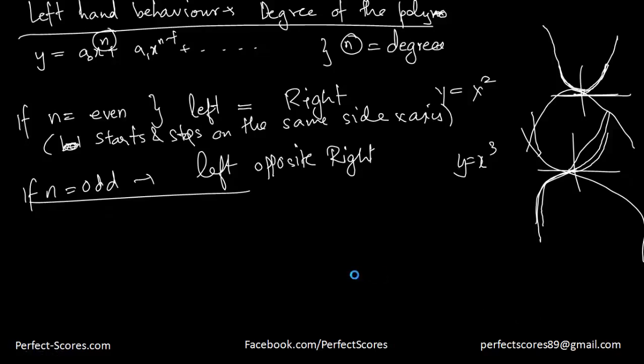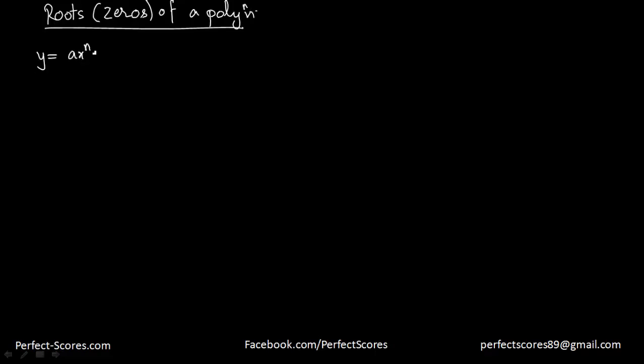Now let's talk about the roots of a polynomial function. Roots are also called the zeros of a polynomial function. Now, if you have a polynomial function, let's say y is equal to ax to the power n plus bx to the power n minus 1 and so on, well, n tells you the degree of the polynomial.